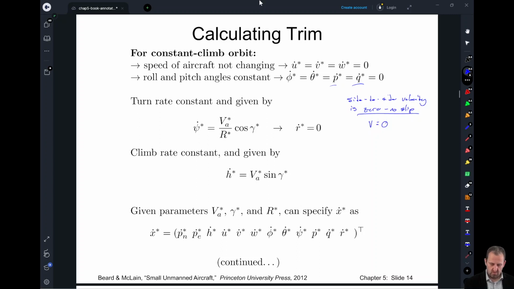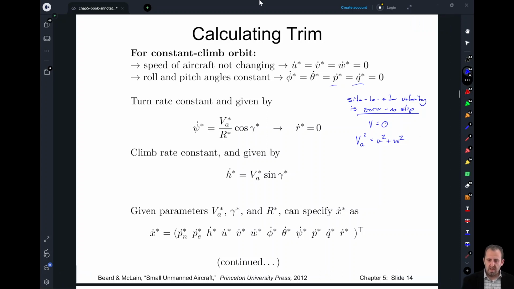And so then we would say that VA squared is going to be equal to U squared plus W squared. Now, we should have a plus V squared, but that's going to be 0 per that condition. So we don't have to worry about that. We'll just say that the square of our airspeed is equal to U squared plus W squared. That's just a relation that helps us obtain our airspeed in terms of the states of the aircraft.